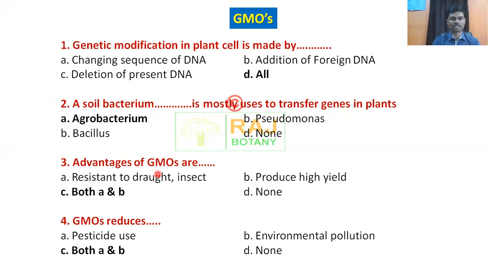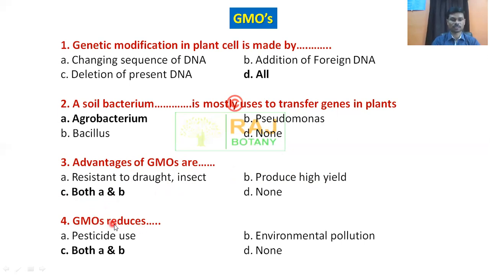Next, advantages of GMOs: what are the advantages of genetically modified organisms? These organisms are resistant to drought and insects, this is right. Produce high yield, this option is also right. Therefore options A and B are correct. C option is there, both A and B.